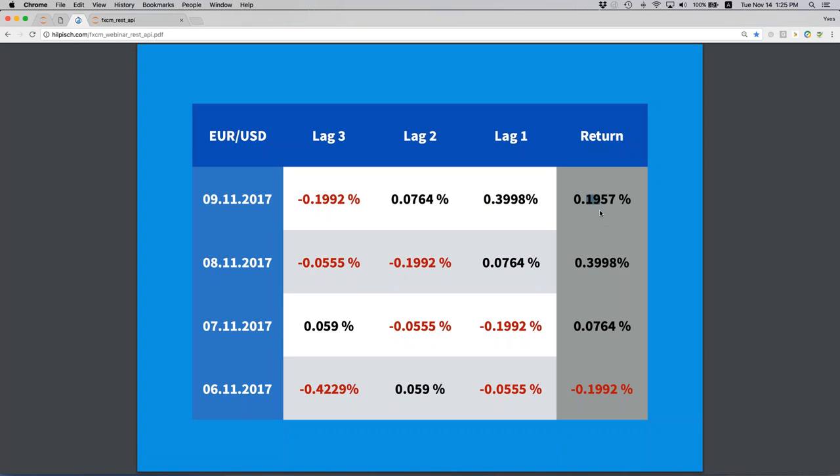And we now translate here the problem of the return prediction into a setup which is similar to my Amazon example. And you see here I have the returns, and here I have the 3 most recent lags. So for example, this is the day before the 9th, therefore lag 1 is exactly the same as here. Lag 2 is 2 days before the 9th, this is down here, and here in lag 3 I find this value.